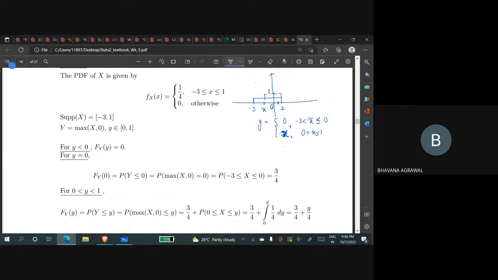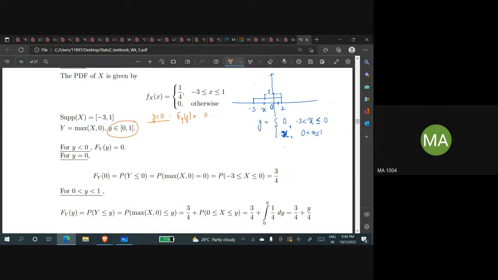Let's see here. When y is less than 0, you know that the range of y is 0 to 1, so for y less than 0, Fy of y is definitely going to be 0.